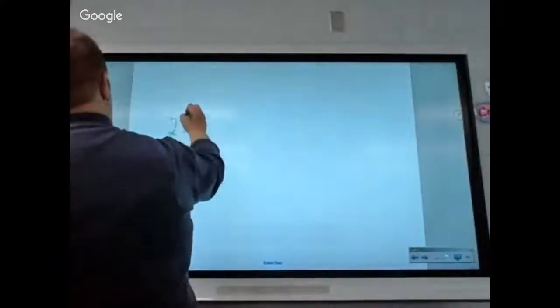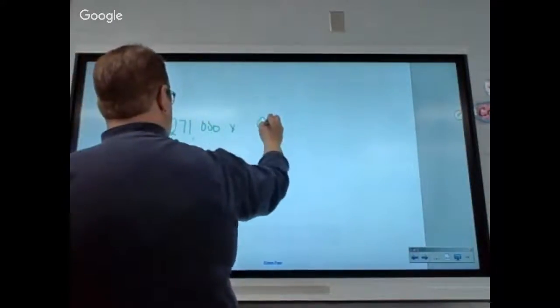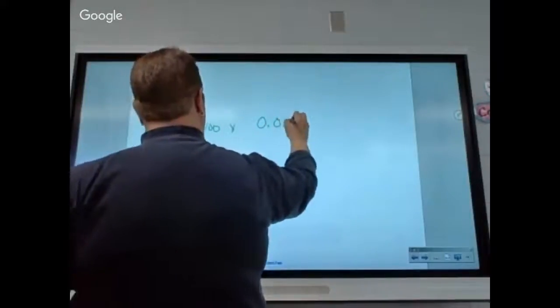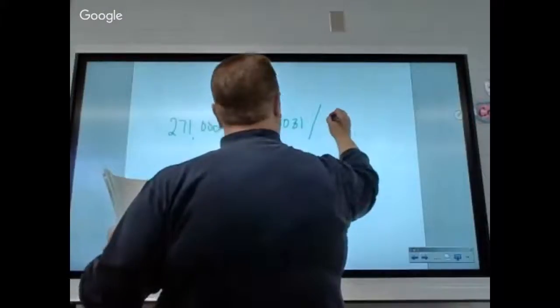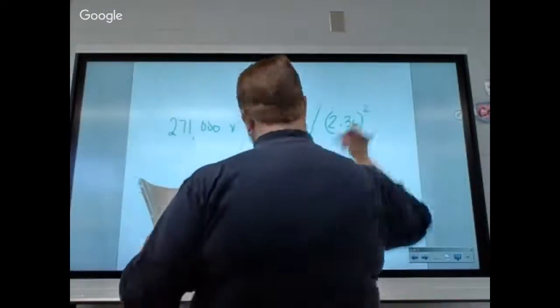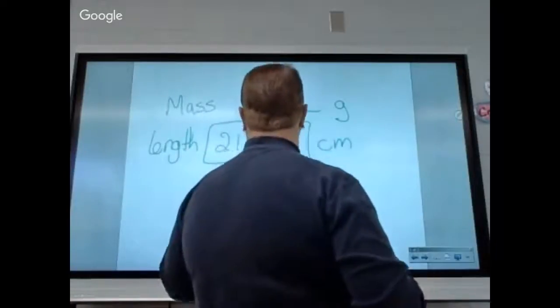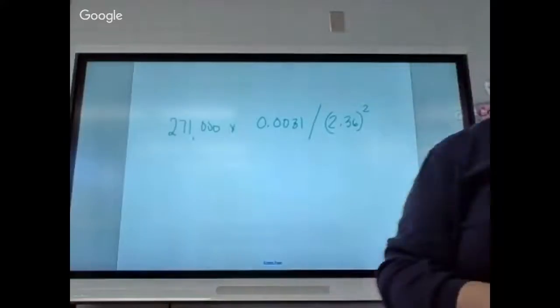All right, so we have 271,000 times, and I'm just going to put that leading 0 there so we see the decimal, 0.0031, divided by 2.36, and it's squared. Now, everything in number 17 is a multiply or a divide.